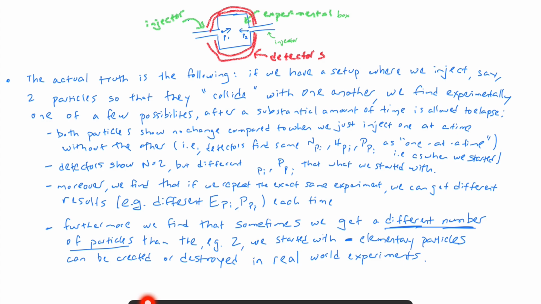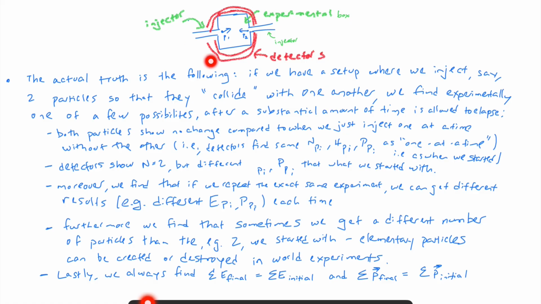What this means, assuming that our experiment and our theory are correct, that these are the most fundamental elementary particles of nature, is that elementary particles can actually be created or destroyed in real world experiments. We haven't even gotten to the quantum mechanical explanation of anything so far in this lecture, but we know the experimental fact is that you can create or destroy particles because the particle number can change.